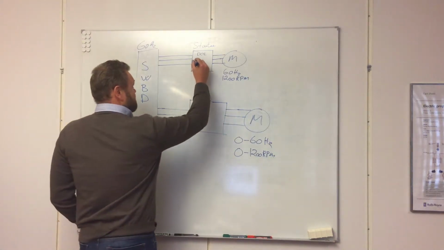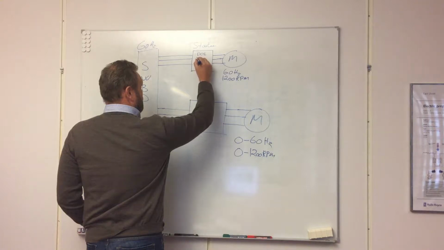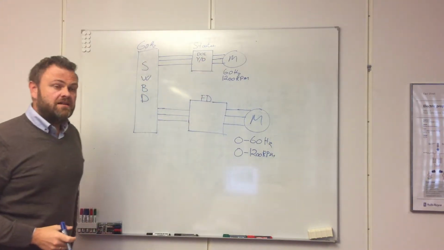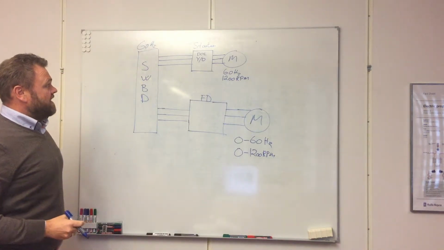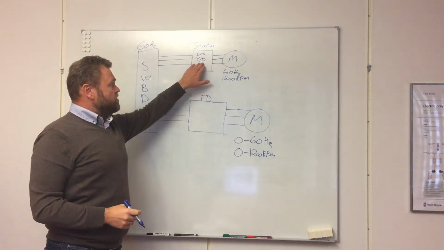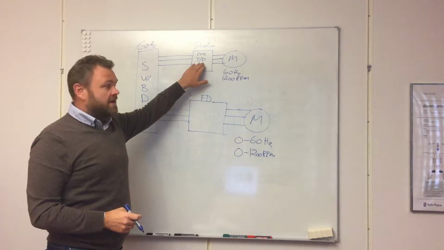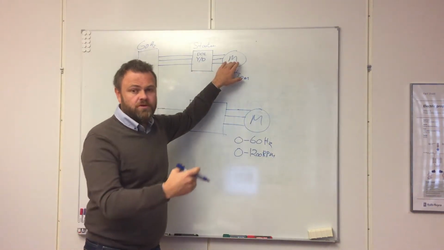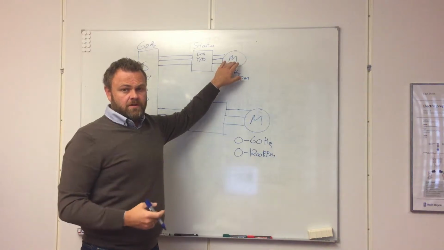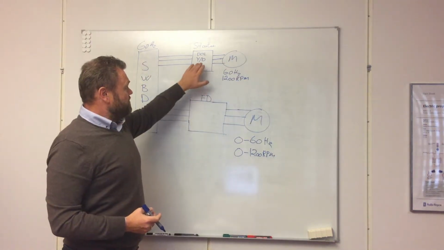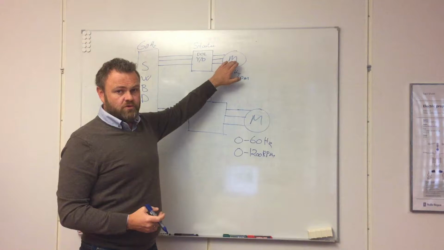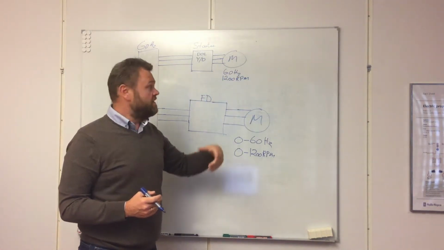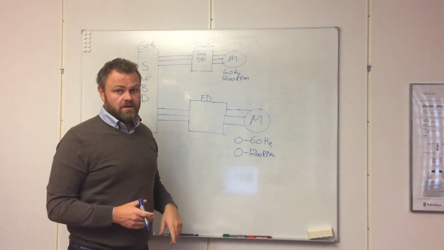We have something else we call YD or star delta. That is a starter that gives your motor a bit more smooth start. So star delta start will give your motor a smoother start than direct online.